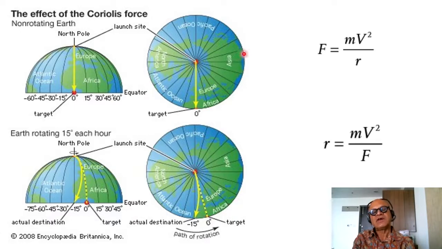Obviously that is on the surface because we are considering the ocean. So assuming f is maintained, we can write r, the distance, equal to mv squared over f, which means if v increases and f is the same and mass is the same for a parcel we are considering, then r has to increase.